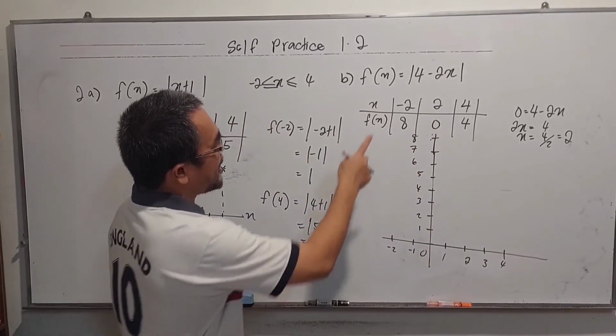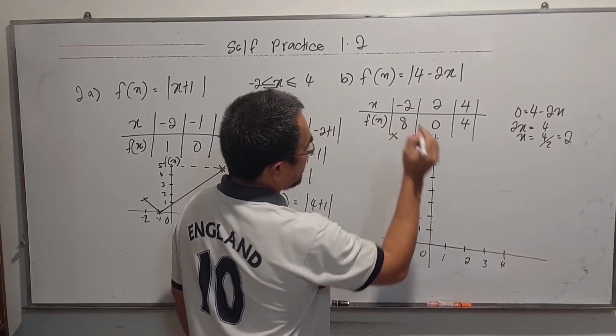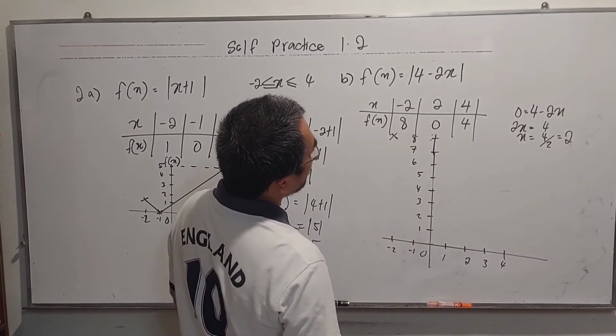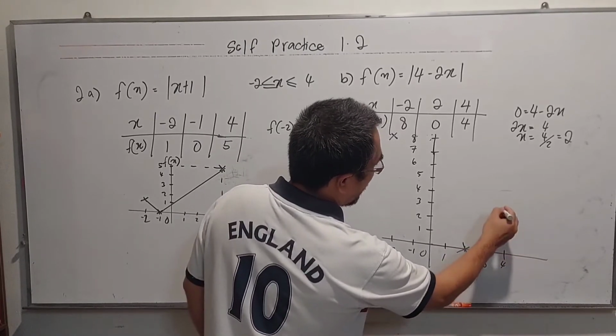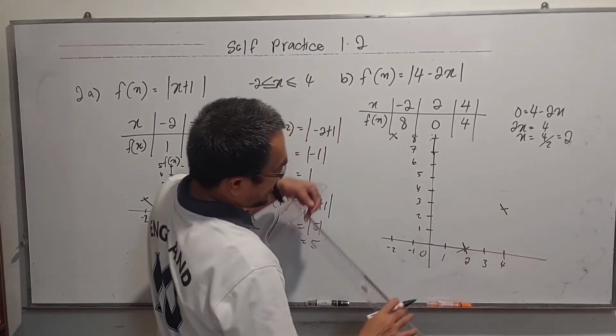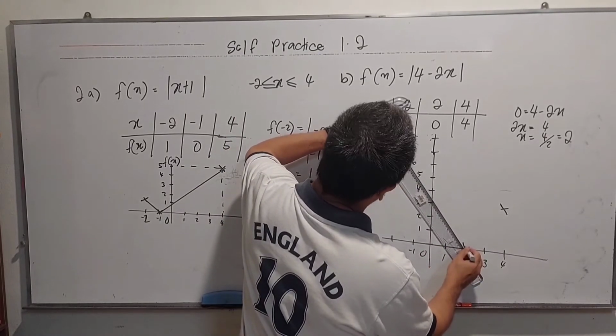So the first coordinate is negative 2, 8. Negative 2, 8 will be here. And then 2, 0 will be here. Then 4, 4. So just connect these 3 coordinates.